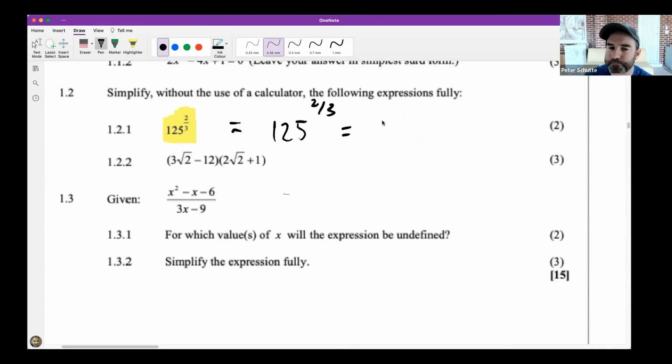Go ahead. Yeah, so I did 125 over 2 over 3, right? Is equals to 3 at the front, like I did basically. What was the key step that you used? What was the very important step that you recognized? Now I did square root 125 squared, and then I put the exponent 3 at the front.